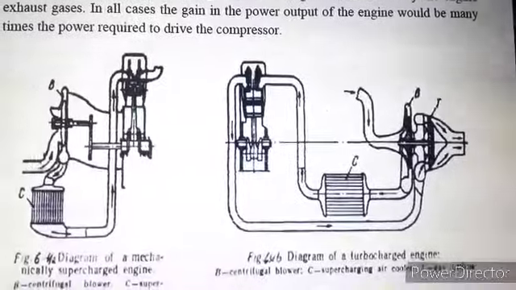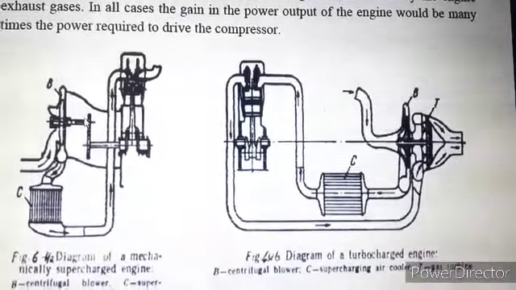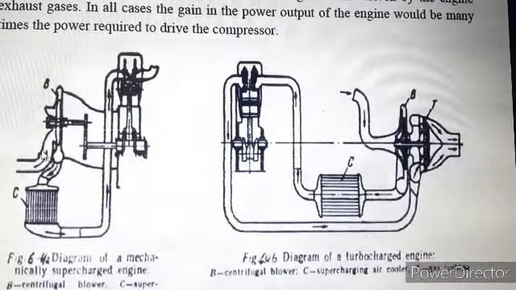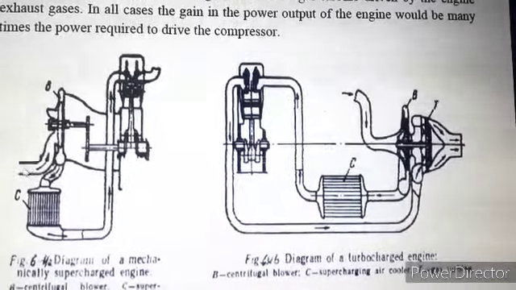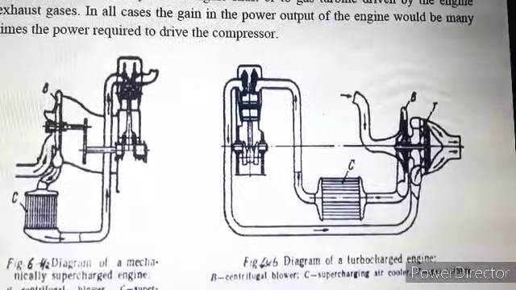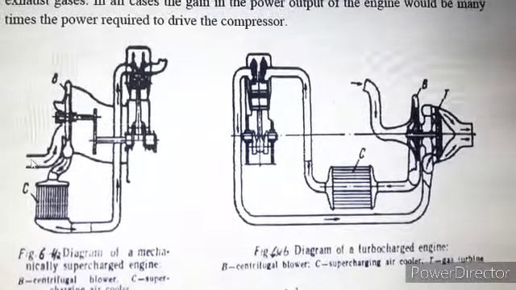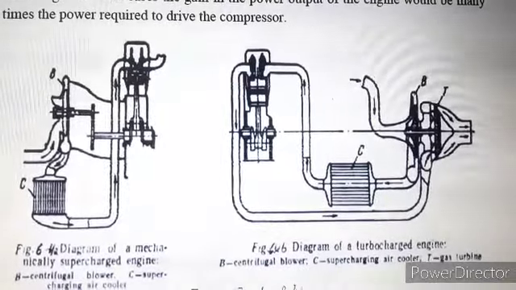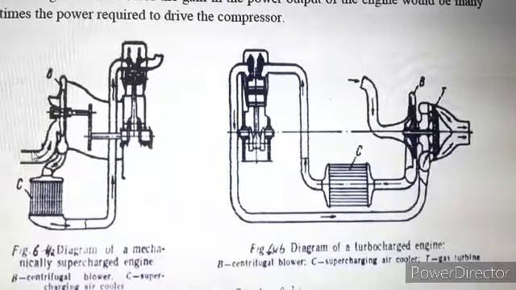This is the inlet for the compressor. The supercharger is nothing but a centrifugal or any one type of rotary compressor. We have seen the working of rotary compressors, so it may be any one of those types. This is the inlet for the compressor.